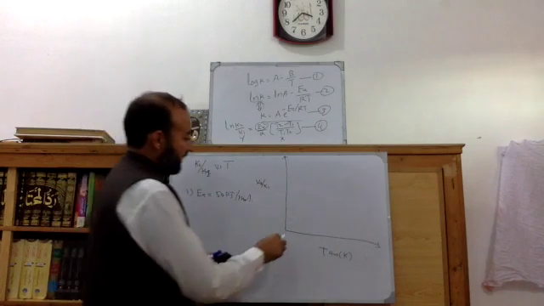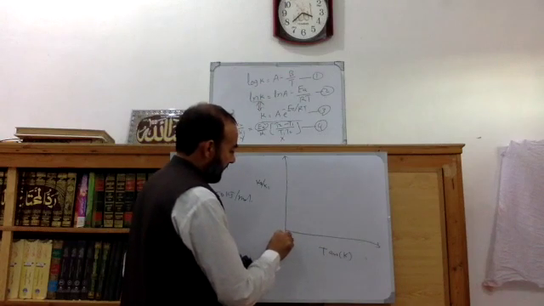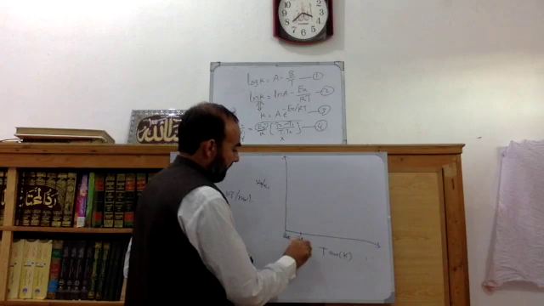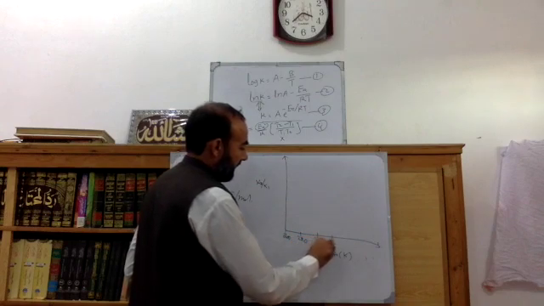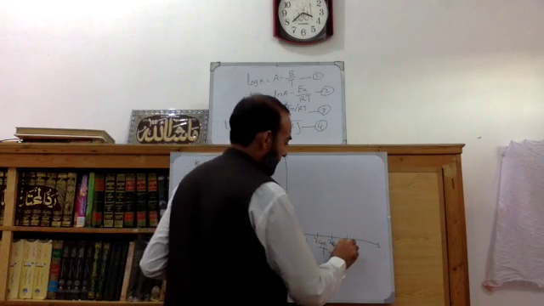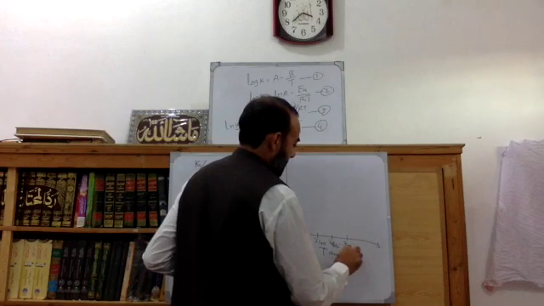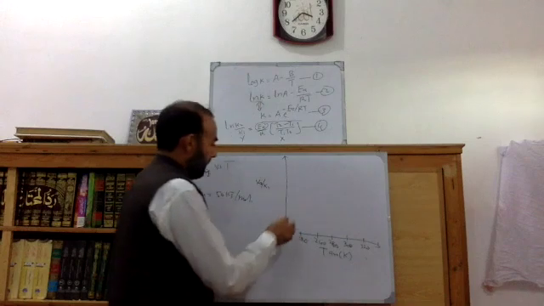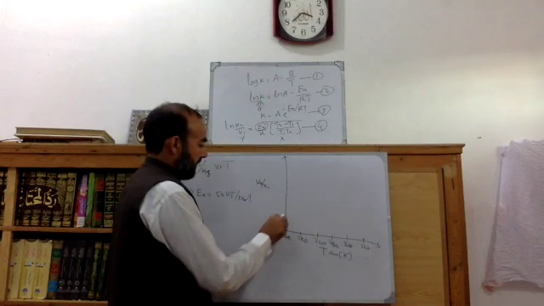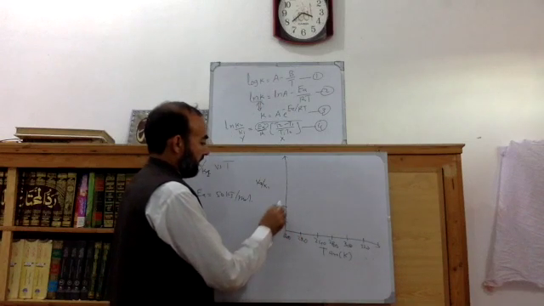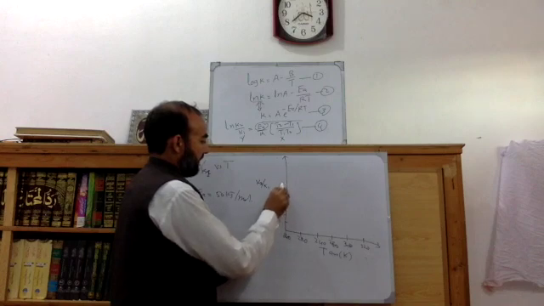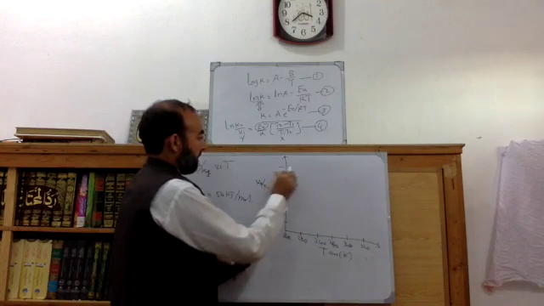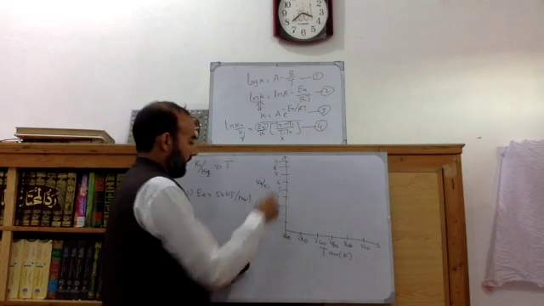So what will be the effect? Just take the temperatures from 200 Kelvin. This is 220, 240, 280, and this is 300. This is 320 Kelvin. On the y-axis, this is rate constant ratio 1, 2, 3, 4, 5, 6, 7, 8, 9, etc.